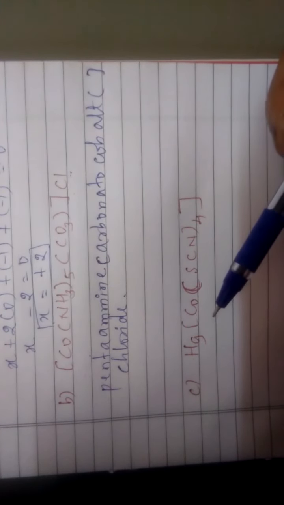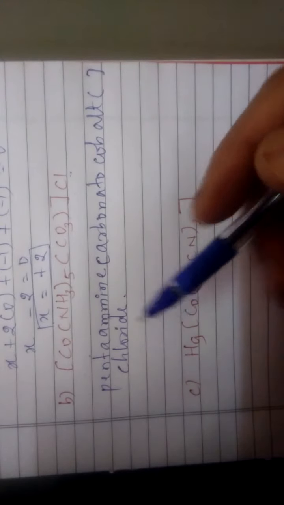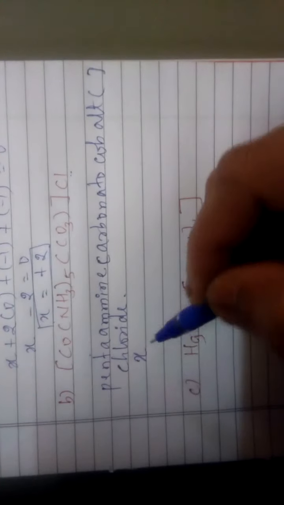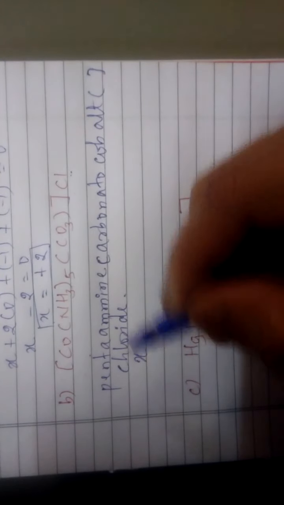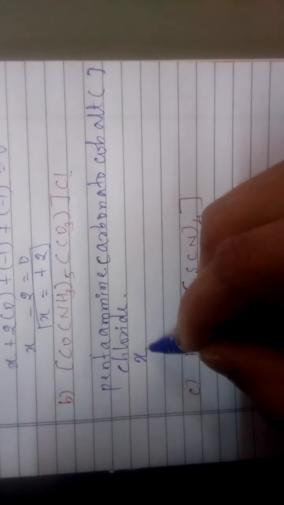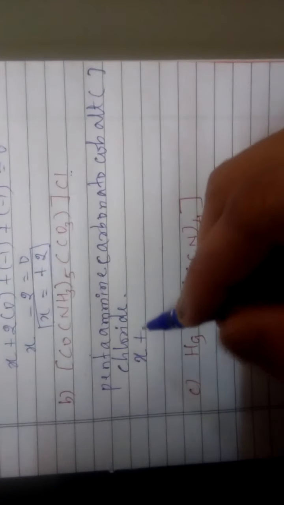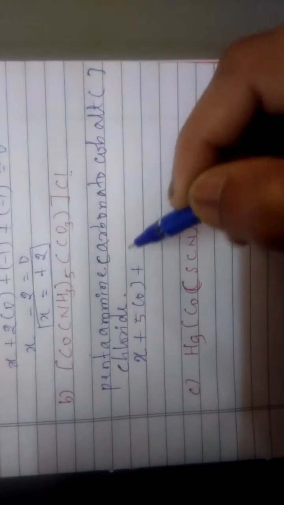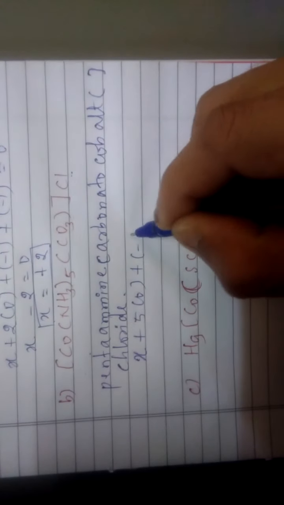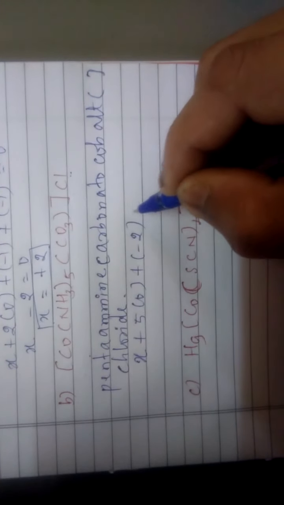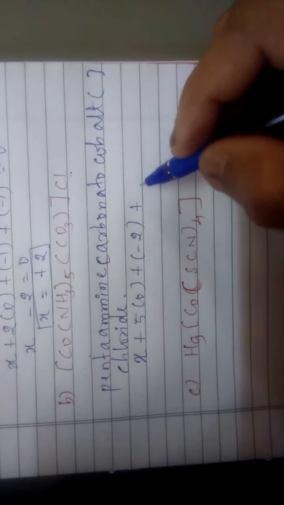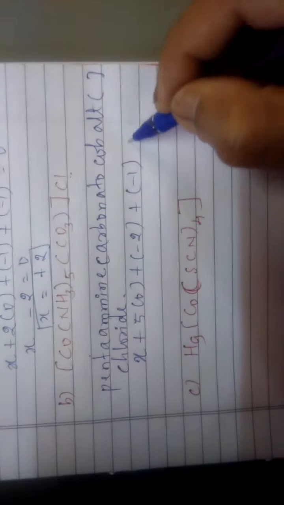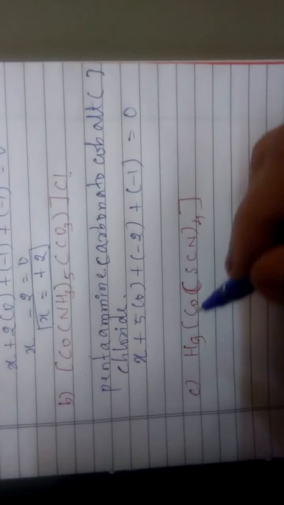Now you have to calculate the oxidation state of the central metal ion. Again, cobalt, its oxidation state to be calculated. Then here ammonia, it is 5 into 0, plus carbonate. You know that it is having -2 charge, plus chloride ion, it is also having -1 charge, and the overall molecule is neutral, equals 0.